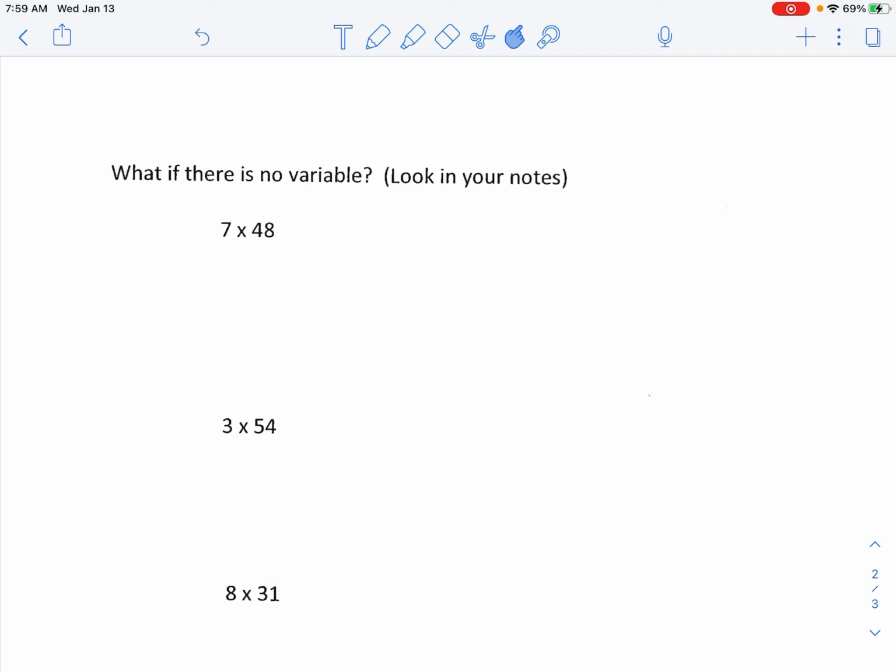All right. What if there is no variable? If there's no variable, we're going to take the number 48 and divide that number into 40 and 8. I'm going to think about that number as being 40 plus 8.